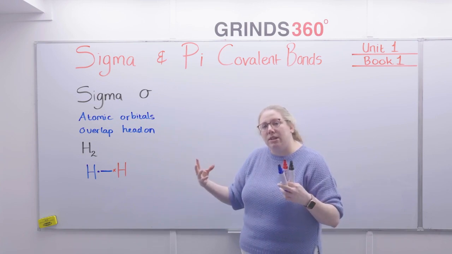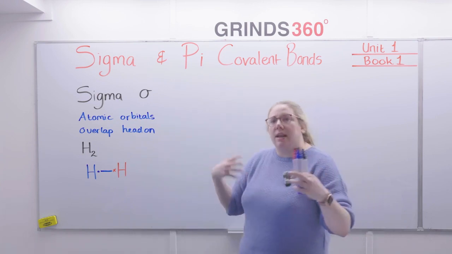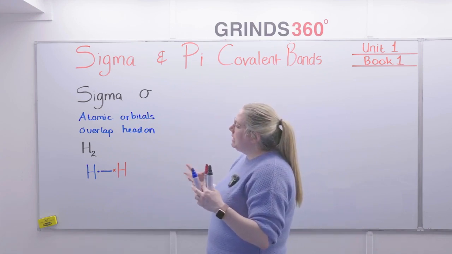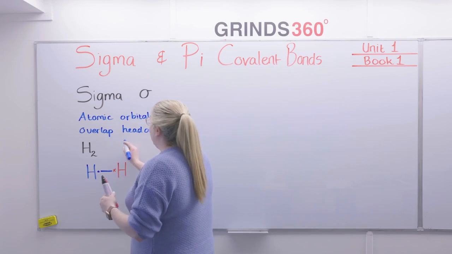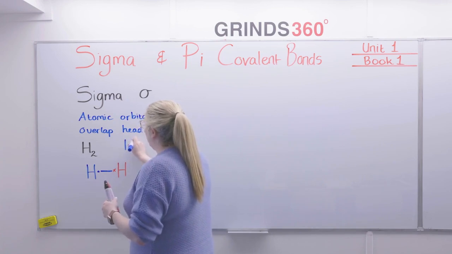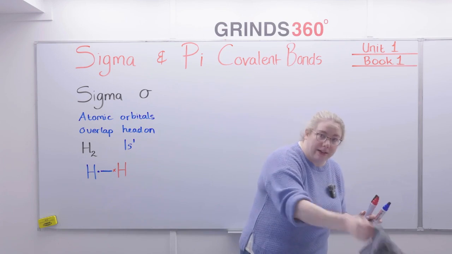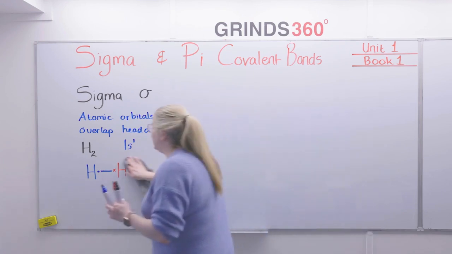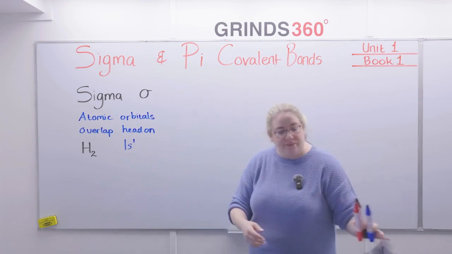So if I was to actually represent that as the orbitals overlapping, think about hydrogen. If I was writing in the electron configuration for hydrogen, one hydrogen atom, it would be 1s1. So your electron is in the 1s orbital in the 1s sublevel. So our outer bonding electron can be found in an s orbital.